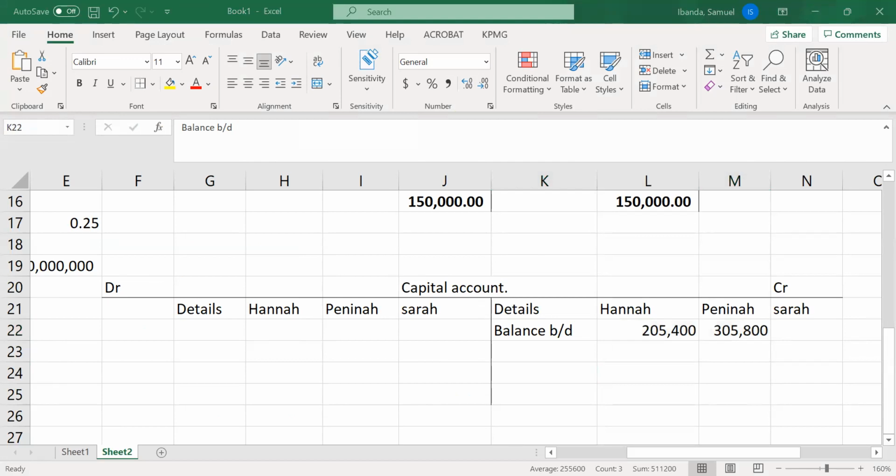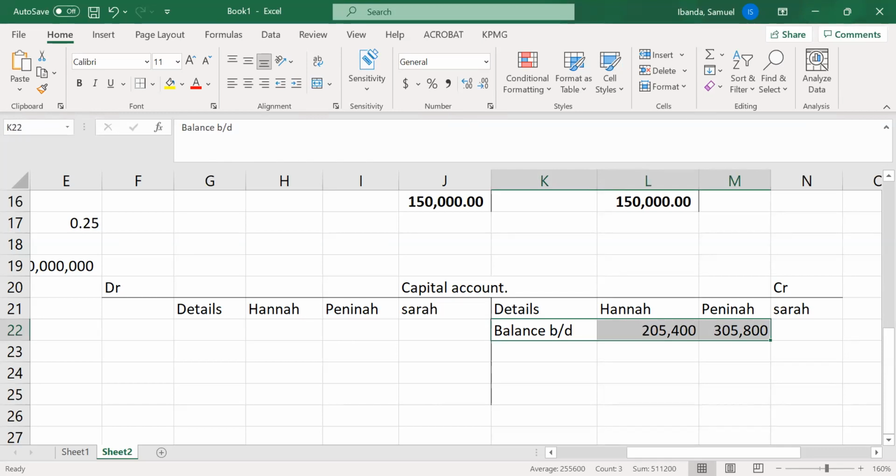Now, we know very well that a new partner, Sarah, came through. Sarah contributed capital, but the partners also agreed on goodwill of 150 million.